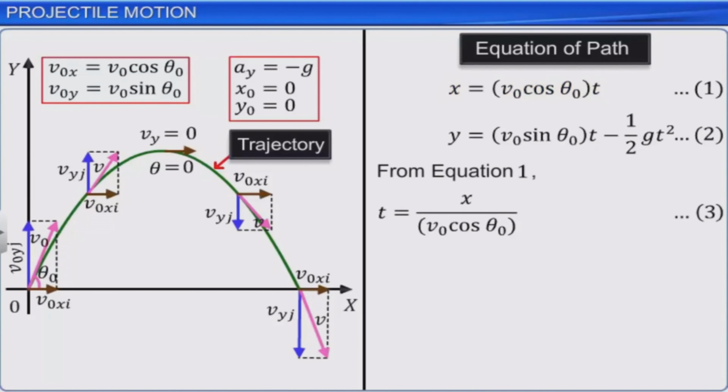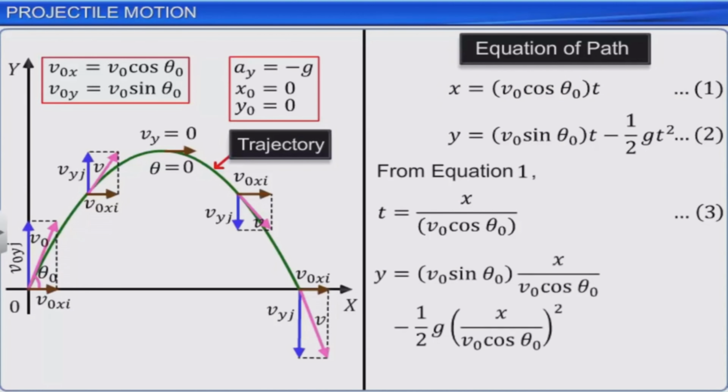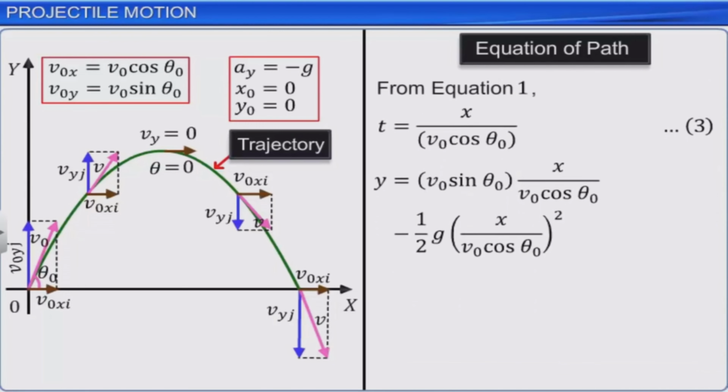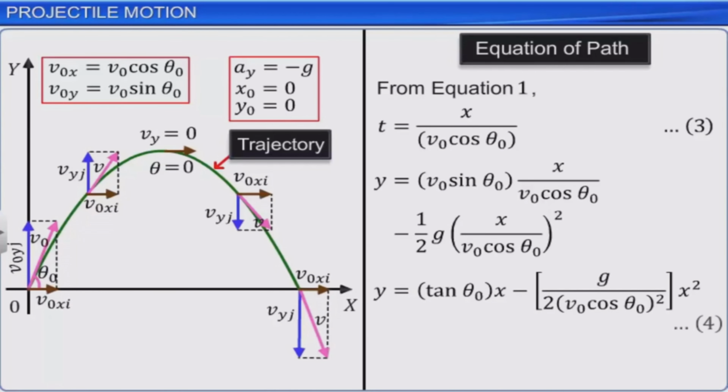Substituting equation 3 in 2 and simplifying, we get y is equal to tan θ0 into x minus g divided by 2 into (v0 cos θ0) square into x square. Let this be equation 4. In this equation, tan θ0 and g divided by 2 into (v0 cos θ0) square are constants, as g, θ0 and v0 are constants.